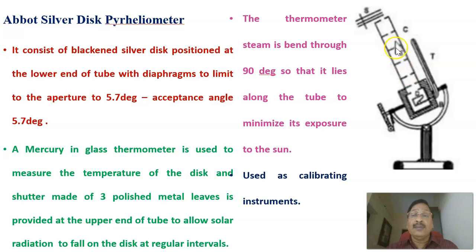These are the diaphragms. The idea of the diaphragms is to make the acceptance angle almost 5.7 degrees.